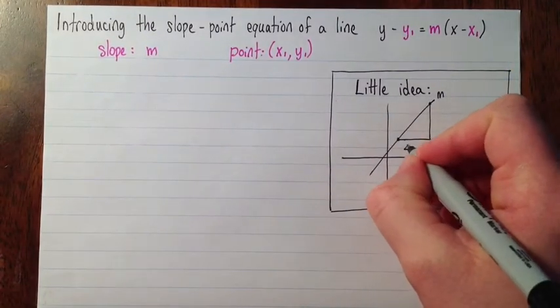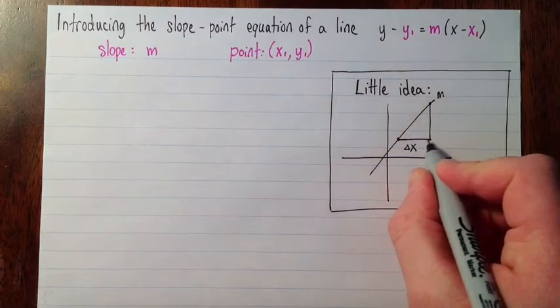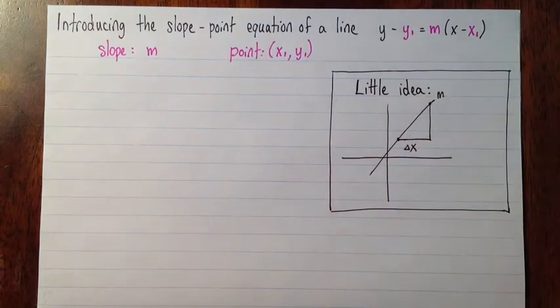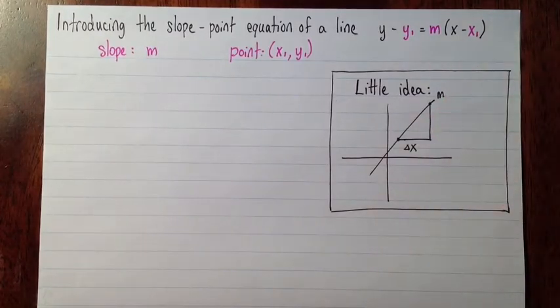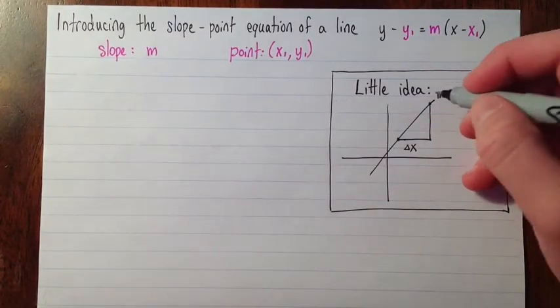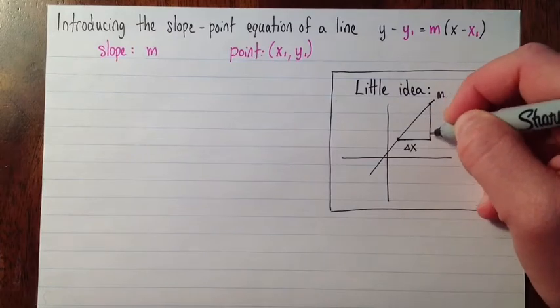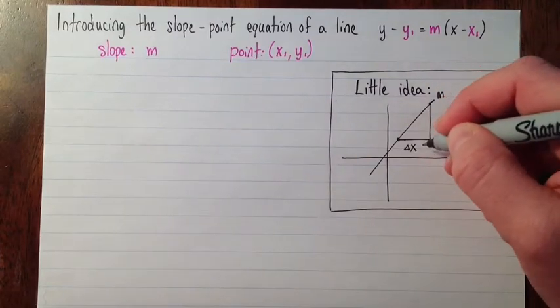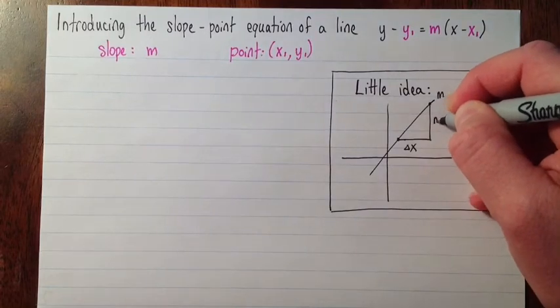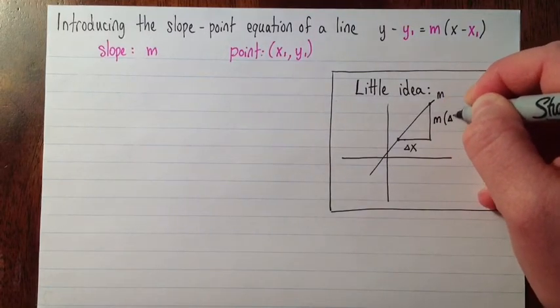If I call this delta x, that just means the change in x. So this might be 2, it might be 150. Then this height here is going to be m times as big as the base of that triangle. It's going to be m times delta x.